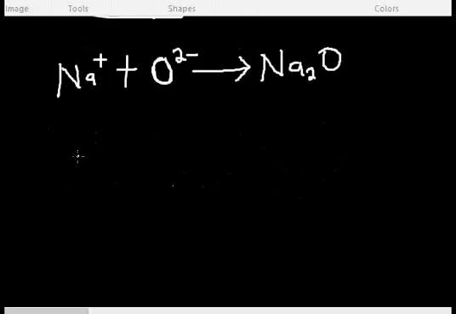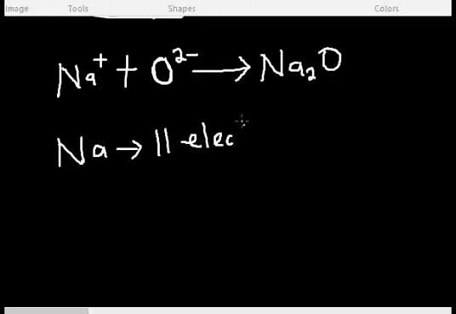Let me show you how we get the valency. For example, let's take sodium. Sodium has 11 electrons. These electrons can be divided into shells.